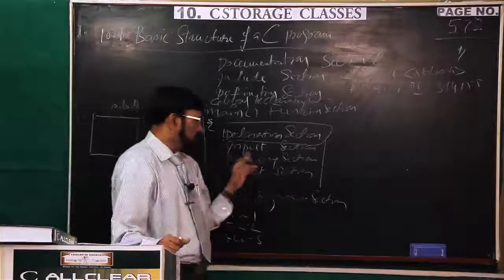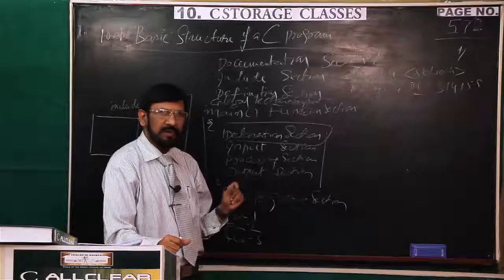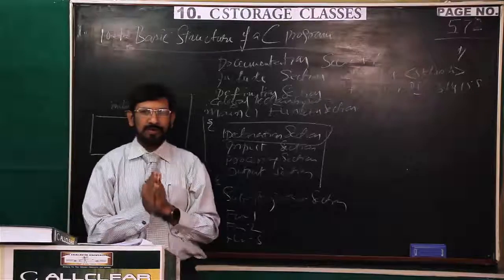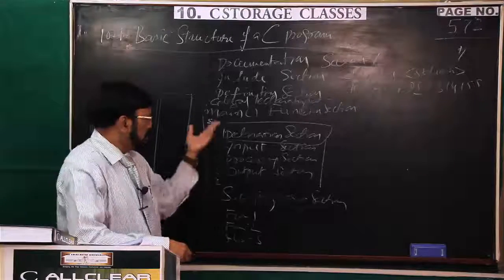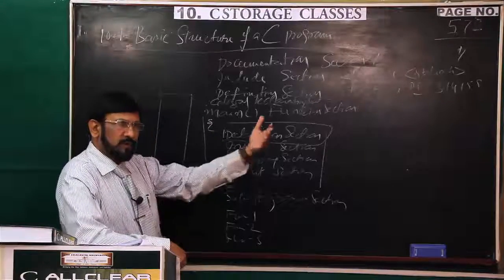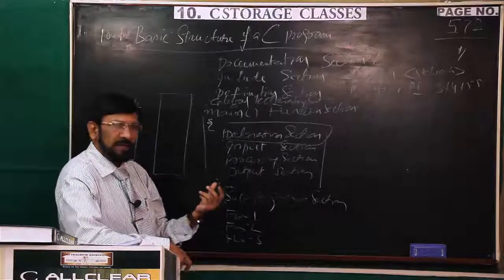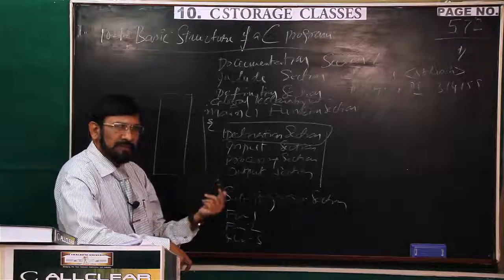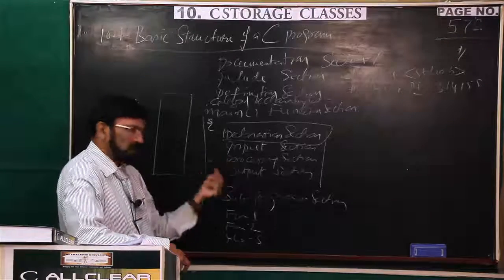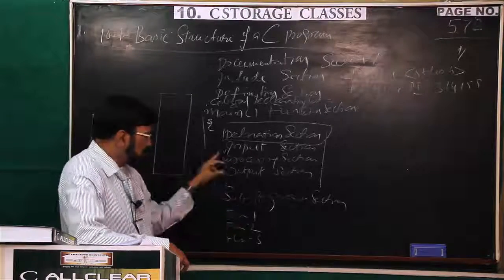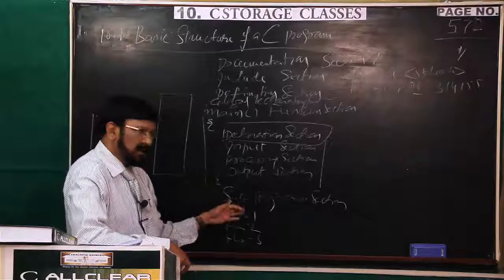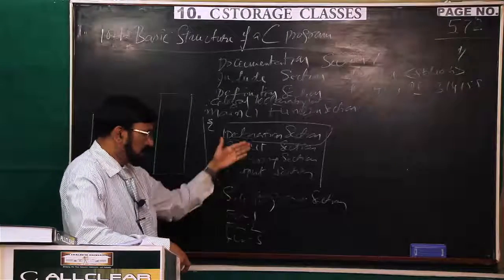Thereafter, for processing data, we developed a mechanism called functions. A main task, in order to perform its task, may call many other functions, mainly in the processing section, as already explained to you.